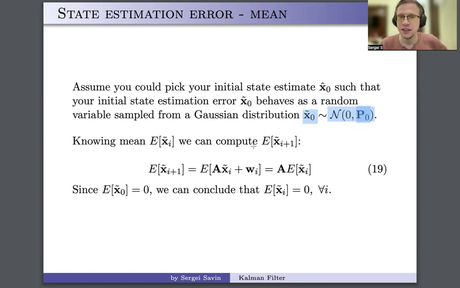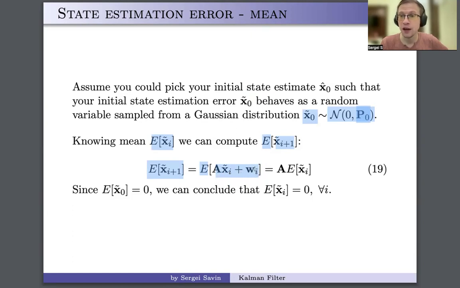Now, let us see how the dynamics of the estimation error works. If we know the mean of x tilde i, we can compute the mean of x tilde i plus 1. How do we compute it? The mean of x tilde i plus 1 is equal to the mean of A x tilde i plus omega i, right?